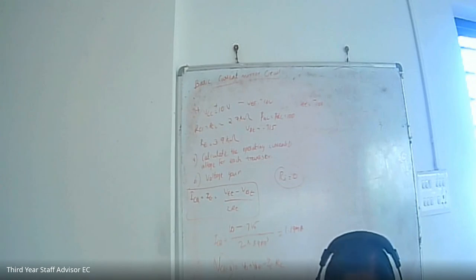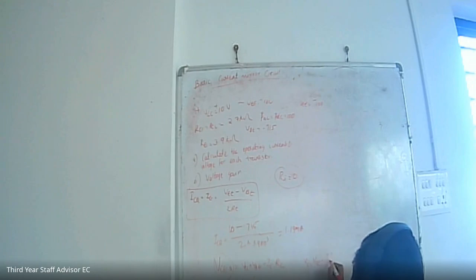What is the value of VC? VC is equal to VCC minus ICRC. And VE is equal to minus VBE. So you can substitute: VC minus VE is equal to VCC minus ICRC plus VBE.